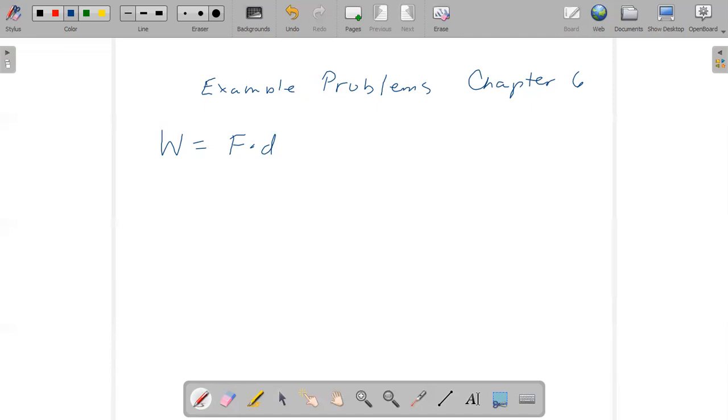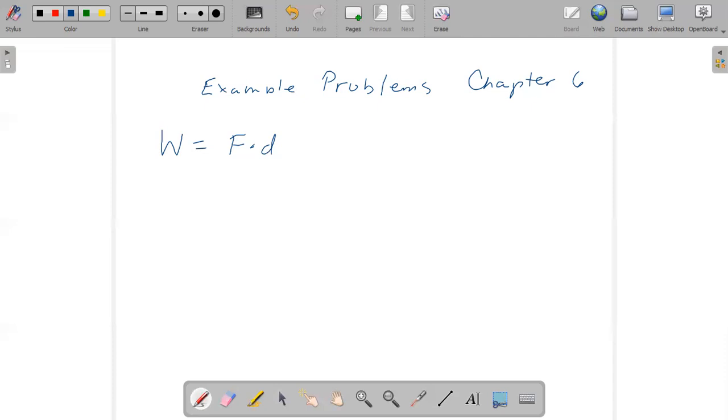Let's see, 6.3. Earth exerts a gravitational force on the moon of 2 times 10 to the 20 newtons. Treat the orbit as a circle of radius 3.8 times 10 to the 8th meters and determine the work that Earth does on the moon.